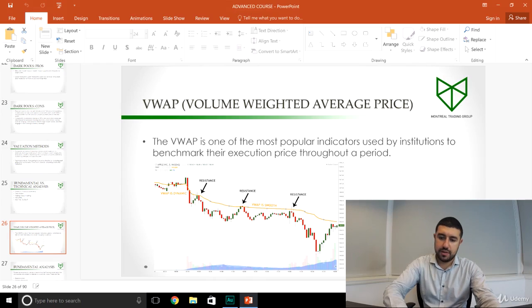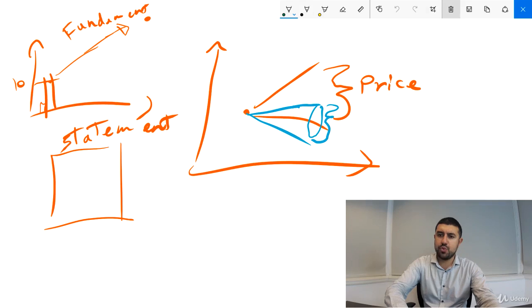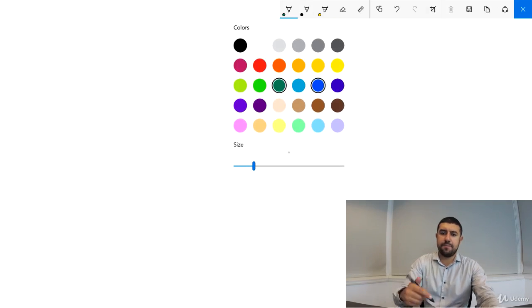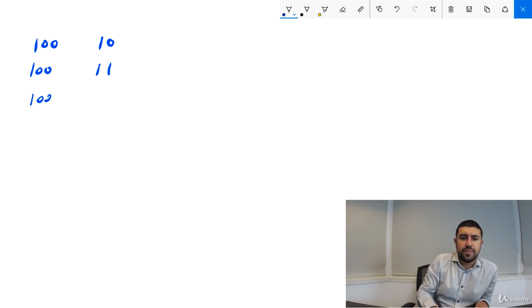So, for example, imagine we had a stock that had, let's say, 4 trades. It traded 100 shares at $10, and another 100 shares at 11, and another 100 shares at 12, and then 1,000 shares at 13.